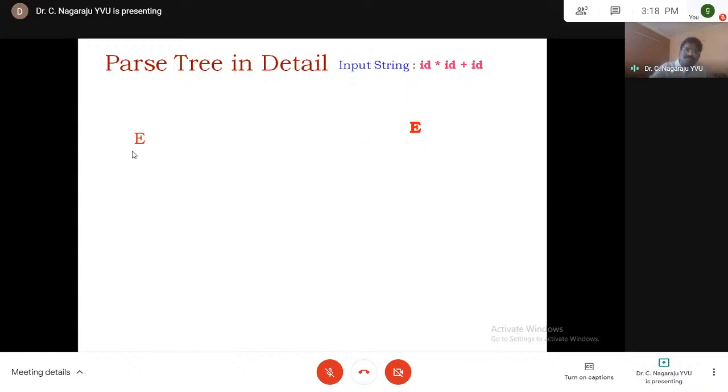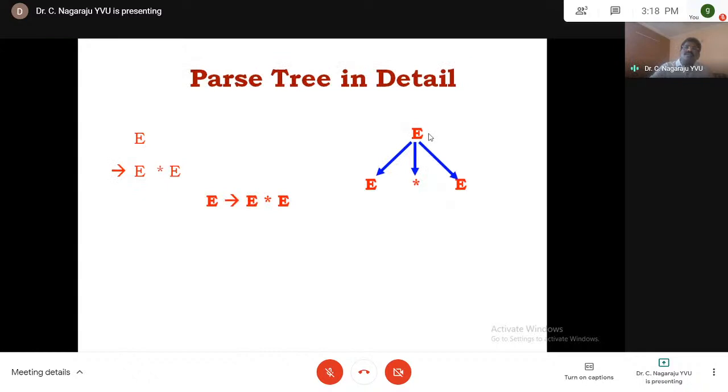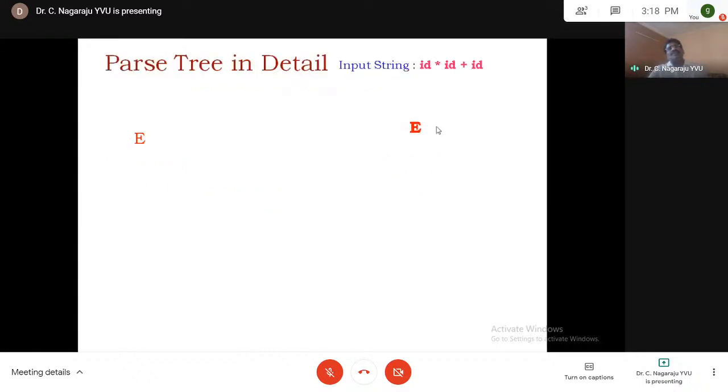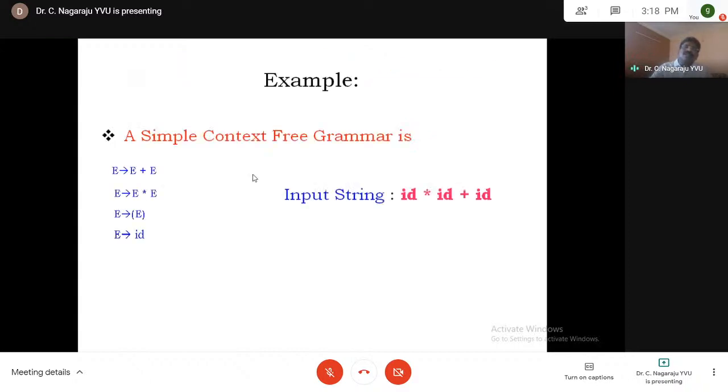So here we take E, and E is the root. After that, how to choose the next expression? Here the input is ID star ID plus ID. There are 4 productions.